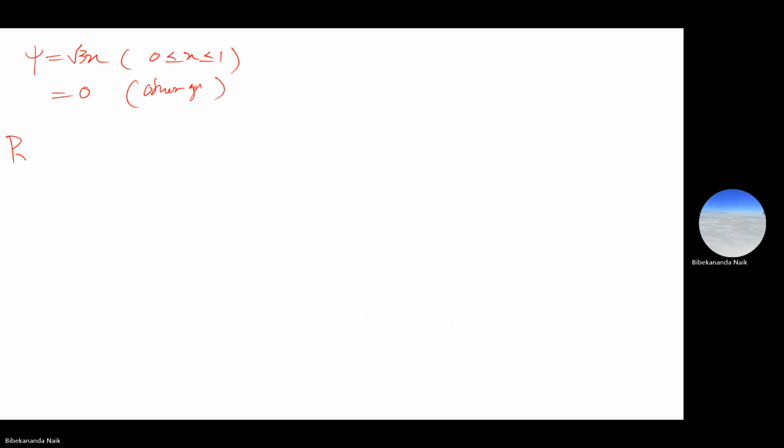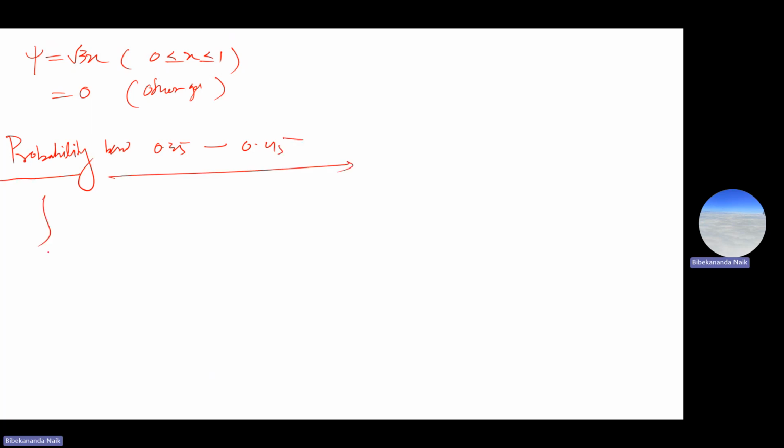So the probability between 0.35 to 0.45 will be integration 0.35 to 0.45 of psi star psi dx, that is root 3x into root 3x dx.